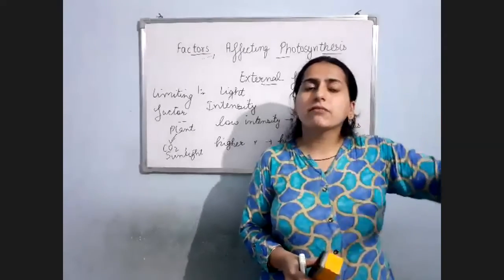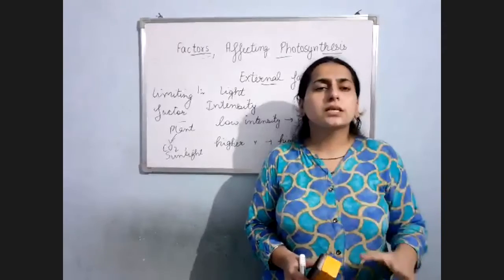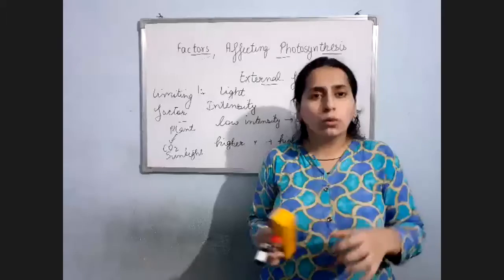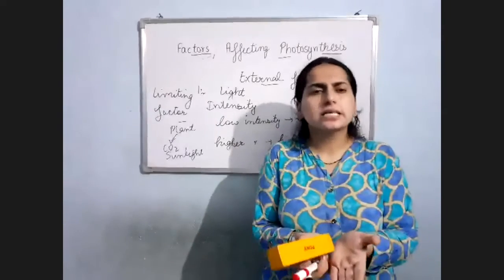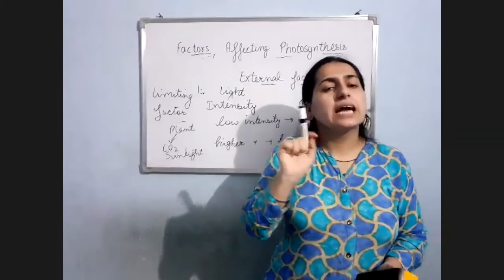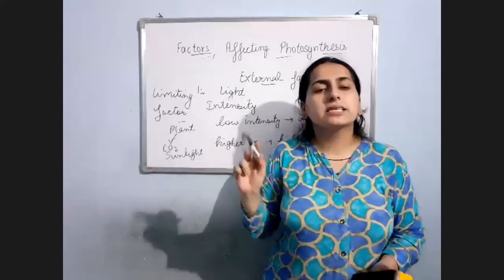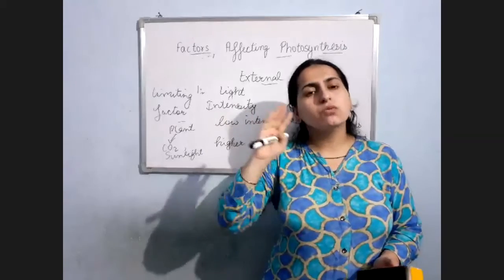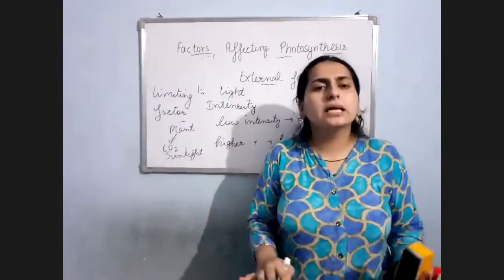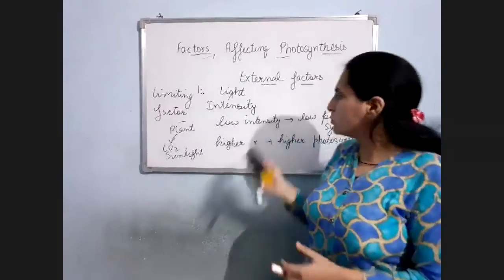If all the other factors are good and one factor is limiting, the rate of photosynthesis will definitely be affected. So this is the law of limiting factors. If many substances are involved and a particular substance is at its minimum value, then that substance will act as a limiting factor. It will somewhere slow down the process, and if that substance is not there at all, photosynthesis can even stop. Am I clear? Now let us move to the factors.